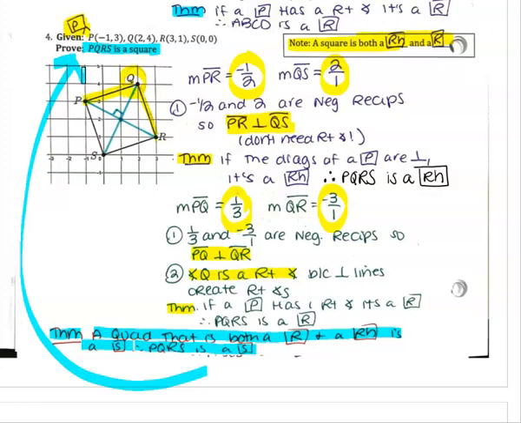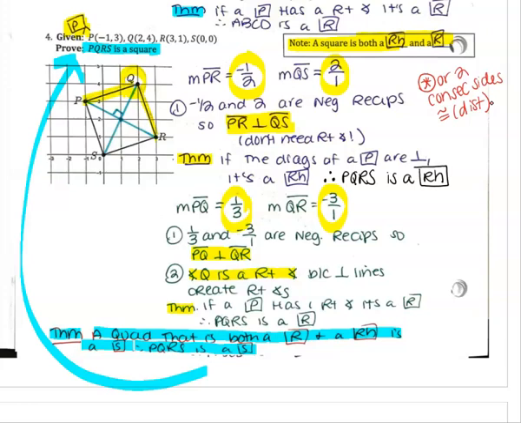Okay, now, again, this is just the approach that I took to doing a square, which I think is the easiest, just using slope all over the place. But if you wanted to prove a rhombus by showing two consecutive sides congruent, you could do that. So I'll even put a little note here. Or two consecutive sides congruent, which means you would be using the distance formula or Pythagorean theorem.